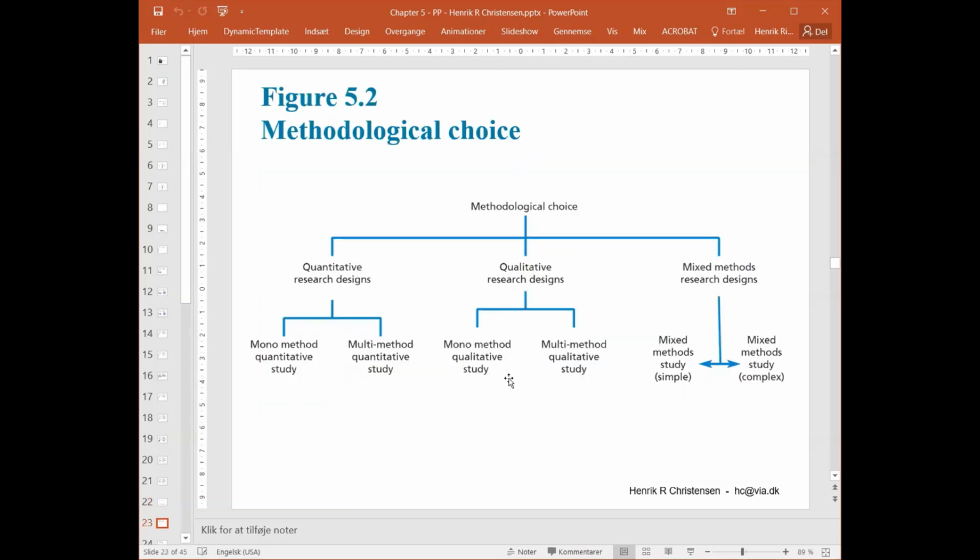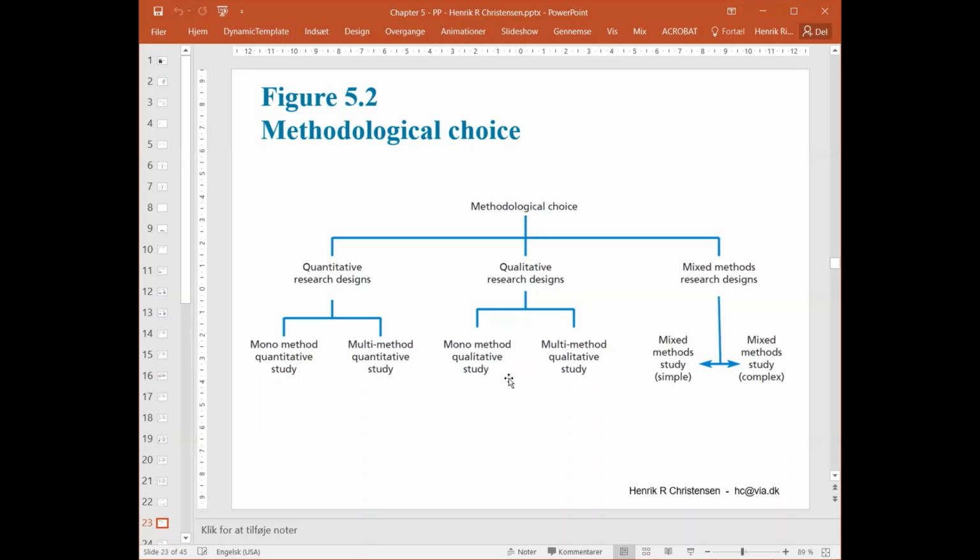So that leaves us with some choices. And as illustrated in the book, when we are talking about those methodological choices, we can simply go for quantitative research designs, we can go for qualitative research designs, or mixed method.